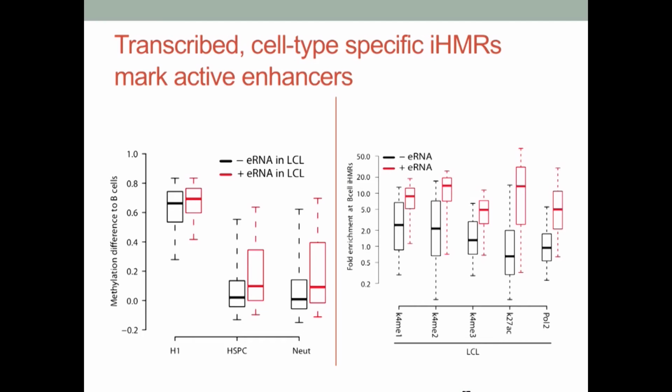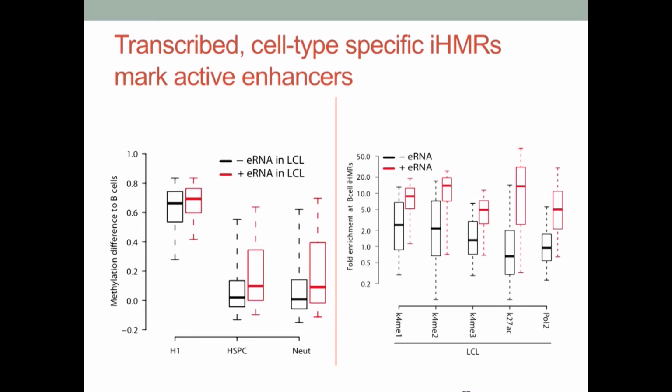However, if you look at the ones that are really B cell specific, there is a slight difference between the methylation states at HSPCs and neutrophils. You can see that eRNAs really define that group. Where we have more eRNAs coming from these sites, they're much more likely to be hypomethylated in B cells, and what we consider potentially to be more active as a potential enhancer.